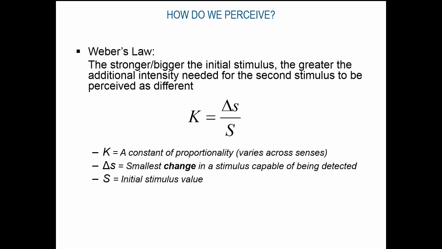Now think about it. If you're playing music really loud, you will need to turn down the volume a lot more to make a perceptible difference than if the music was played in a low volume in the first place.